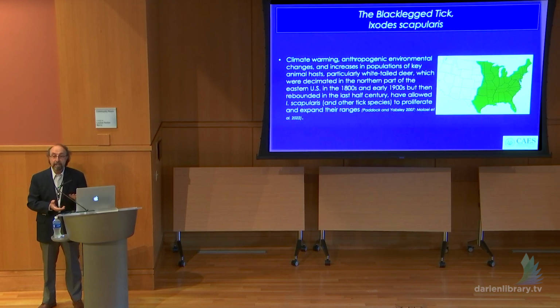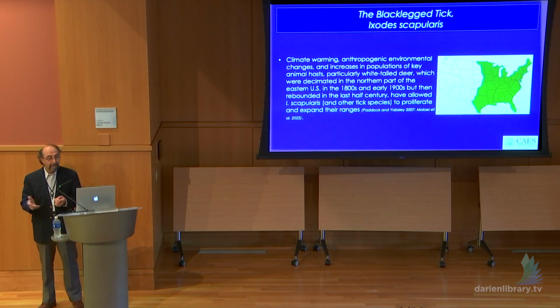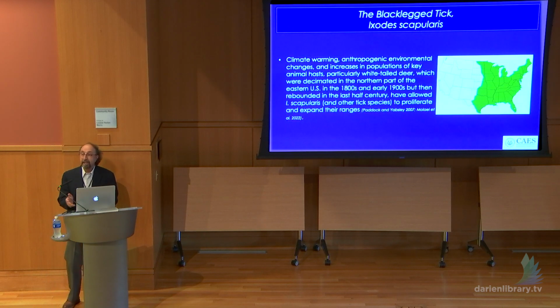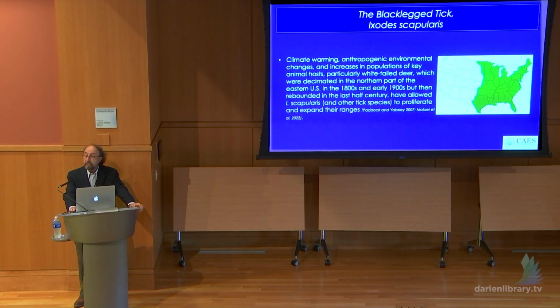Now white-tailed deer has become a household member. Everybody has either a pet or a friend in their backyard, and they are everywhere. So these are some of the factors that contribute to increases in the number of black-legged tick and other tick species.